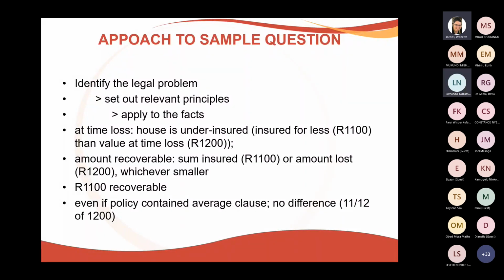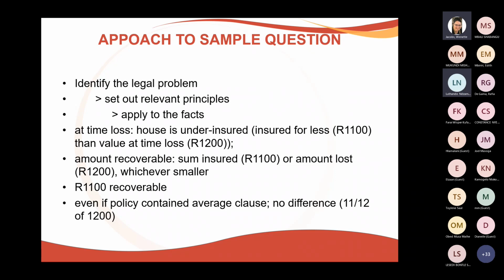And then you would know the rule or the principle in that instance would be that an insured would be able to claim the smaller amount, either the sum insured or the amount that was lost. And in this instance, it would be the sum insured because he was underinsured. So only 1,100 Rand would be recoverable.